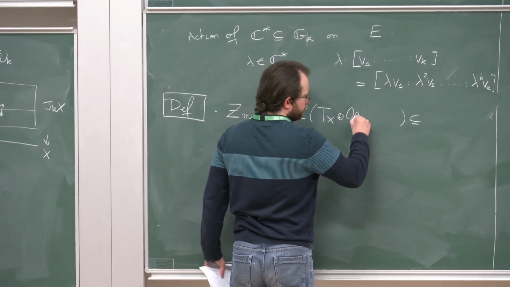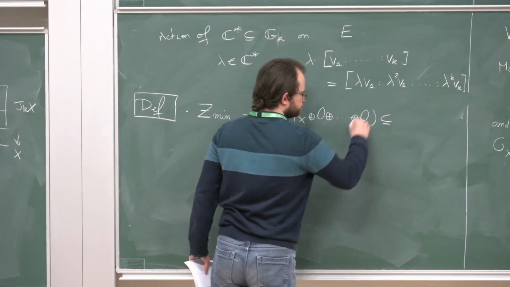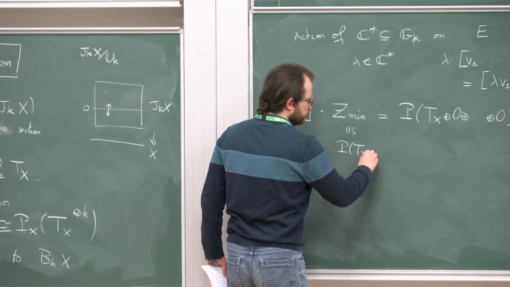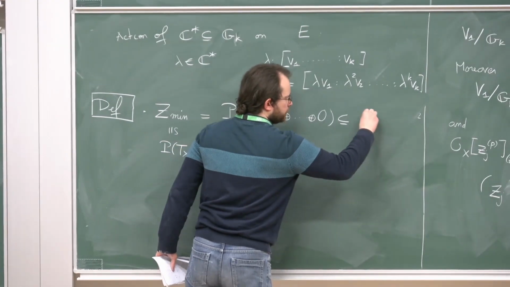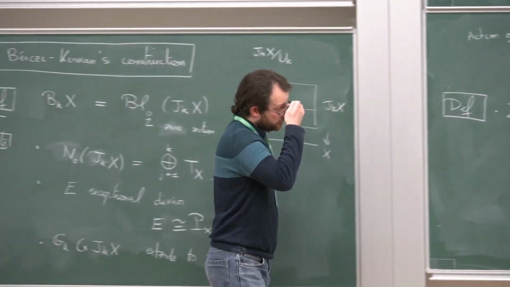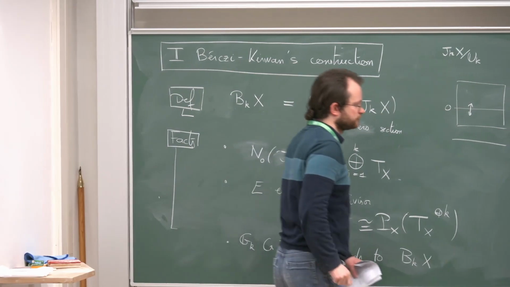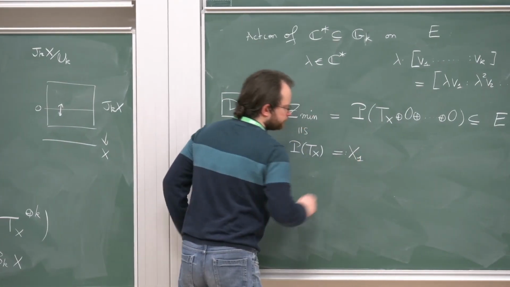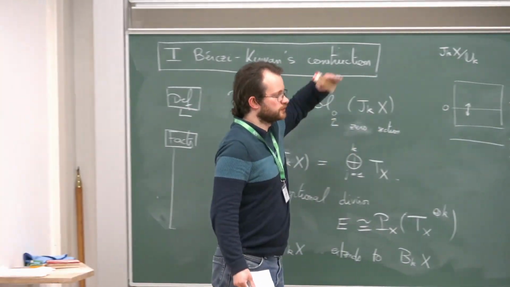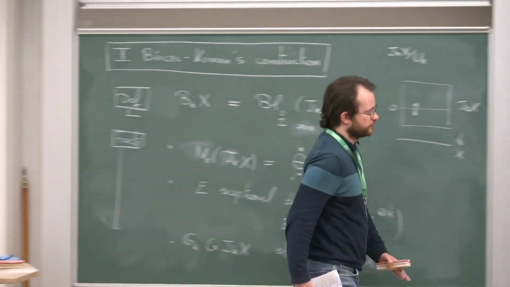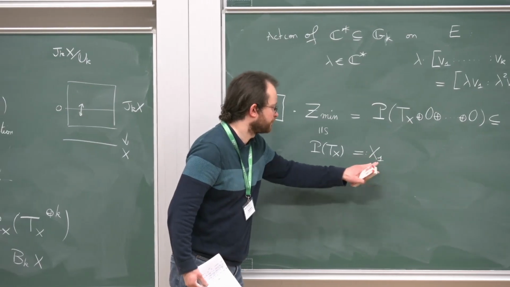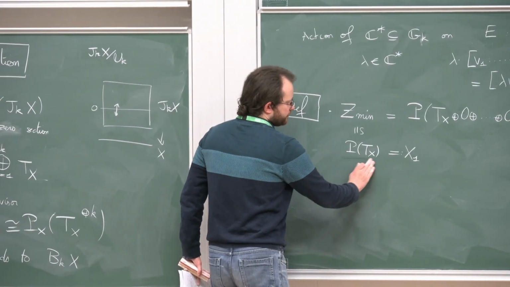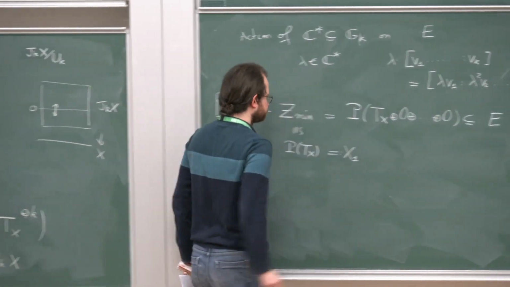Of course, this is isomorphic to the projectivized tangent bundle above X. And here, let me just introduce some piece of notation which I'm going to use all the time. Let me call that space X_1, the first stage of the jet tower, actually. So you have this space Z_min, which turns out to be isomorphic to that space lying inside E.